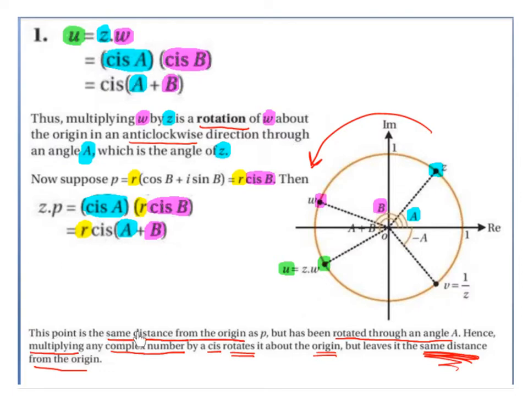This point is the same distance from the origin as P, so this point is z times P, but has been rotated through an angle of A. Hence, multiplying any complex number by a cis rotates it about the origin, but leaves it the same distance from the origin.